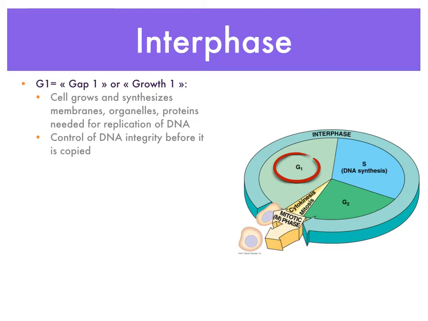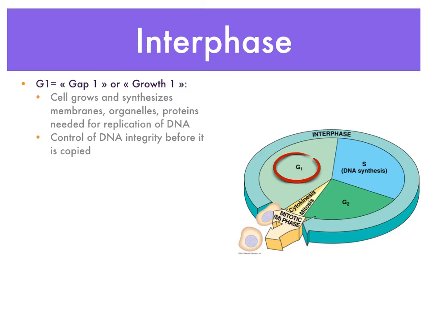And at the very end of the G1 phase, the DNA integrity will be controlled, checked, in order to make sure that there is no damage, mistake, or break, or whatever that could impair the copy of the DNA, or that could eventually reproduce a mistake in the cells soon to be formed.